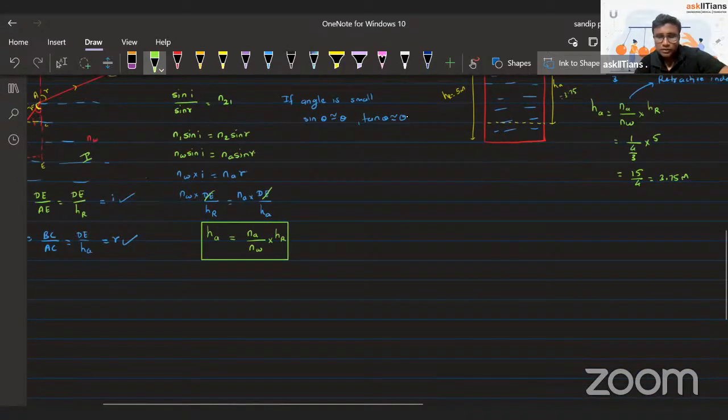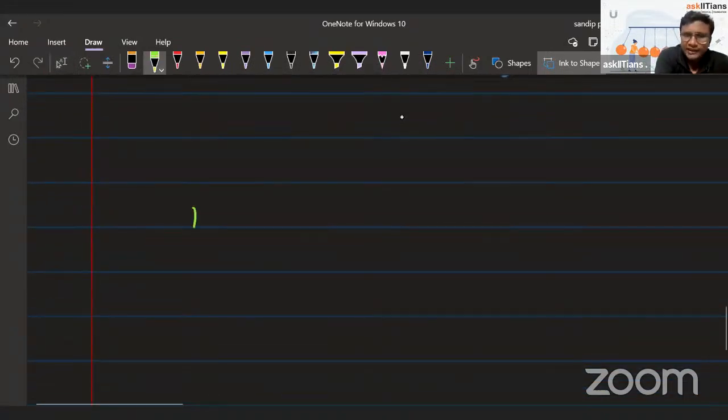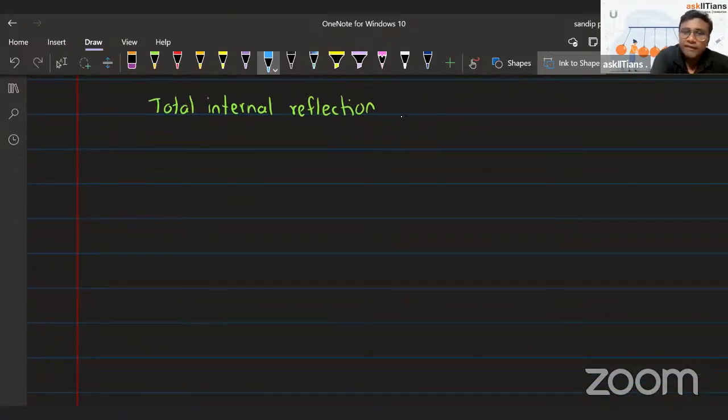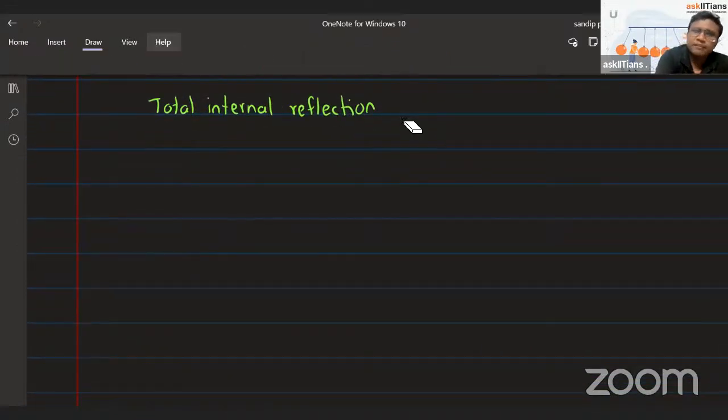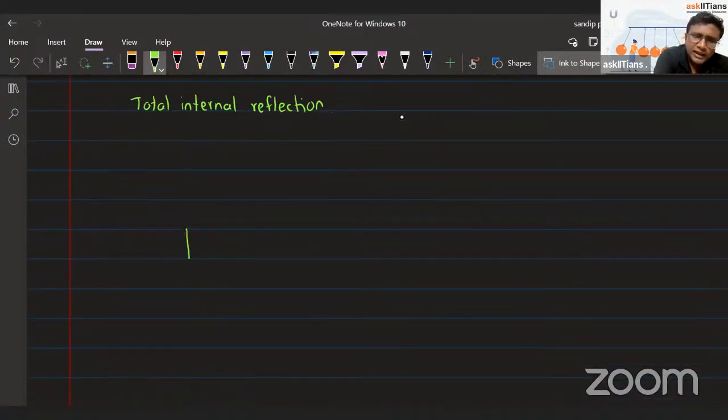Now after that, we have the next point, that is total internal reflection. Again, we will consider a denser medium. Remember, it does not always have to be water; it could be anything.